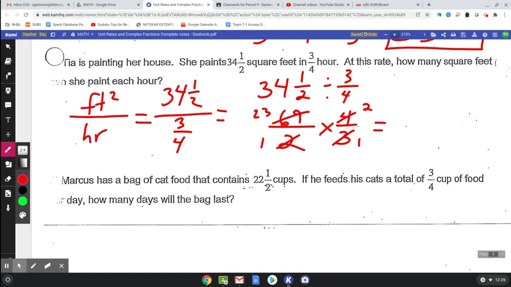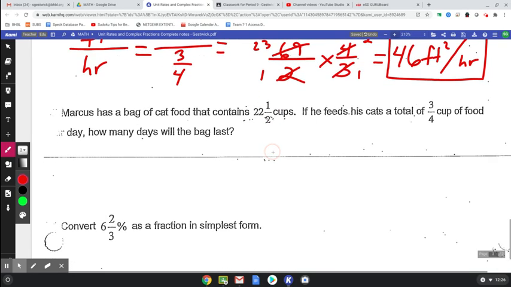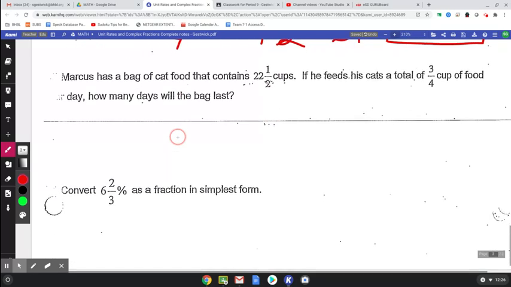Oh, that's so much easier. 23 times 2 is 46. Now, what did we just figure out? She can do 46 square feet every hour. So 46 square feet per hour. All right. Doing good, guys. 2 more, that's it.